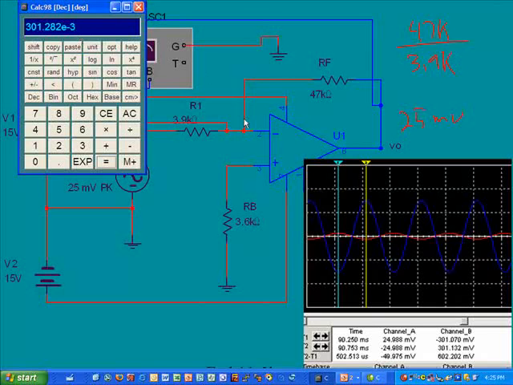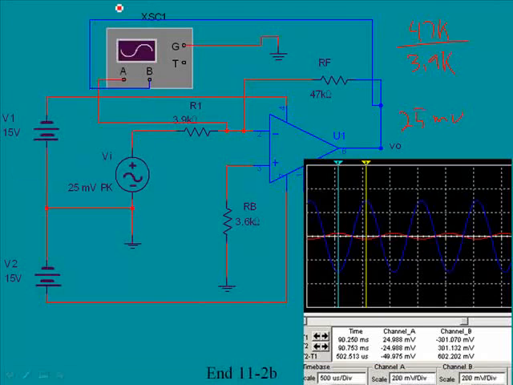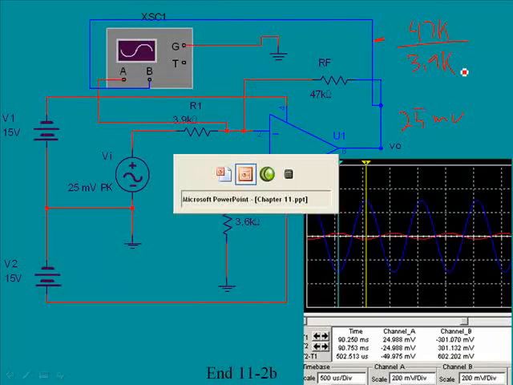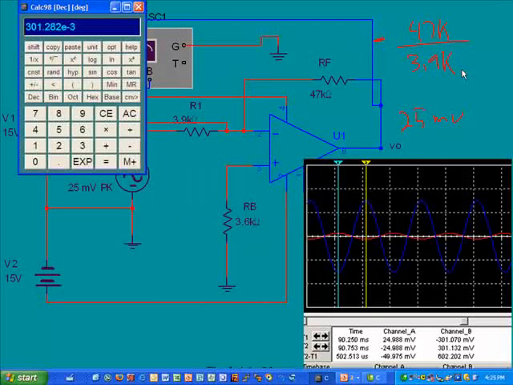Now this is a screenshot of the oscilloscope in Electronics Workbench, and I'm going to put a negative value right here. What was that value? 301? I forgot to write it down. It was in fact 301.2 millivolts.